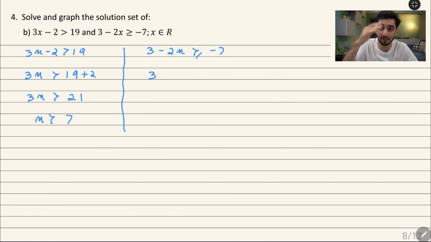And the negative 7 also comes to this side, so it becomes positive 7 and greater than or equal to 2x. This time I don't need to flip the inequality. It only happens when I multiply the entire thing by minus 1, or basically change the sign of every single term. Here I didn't change the sign of every single term. Okay, so 10 is greater than or equal to 2x and finally 5 is greater than or equal to x.